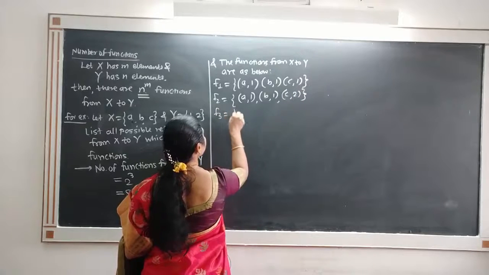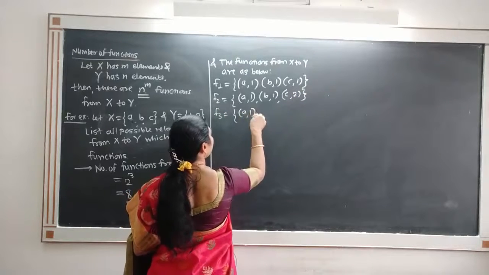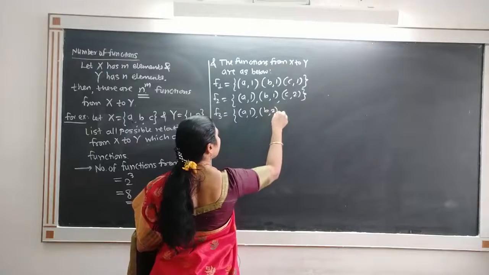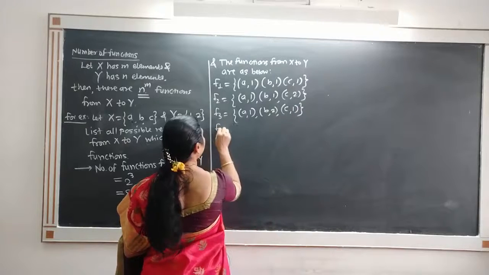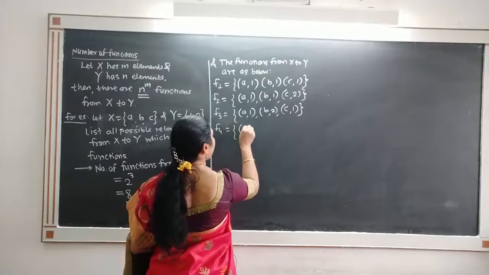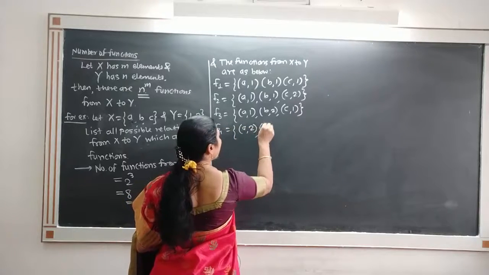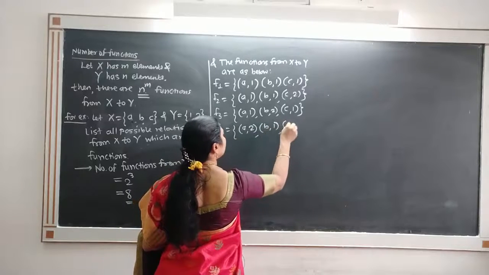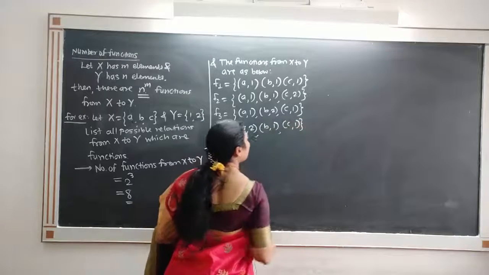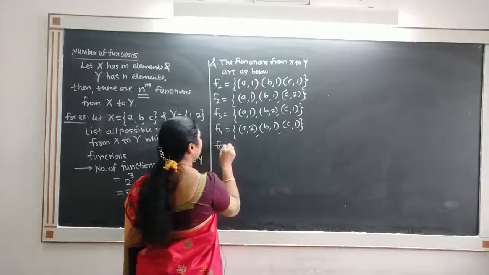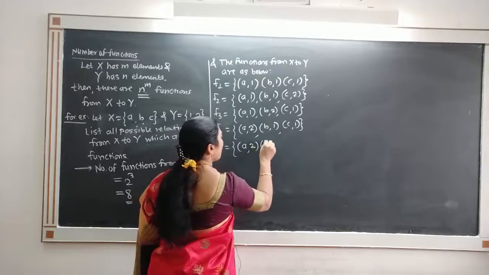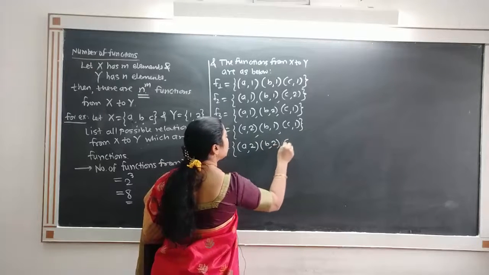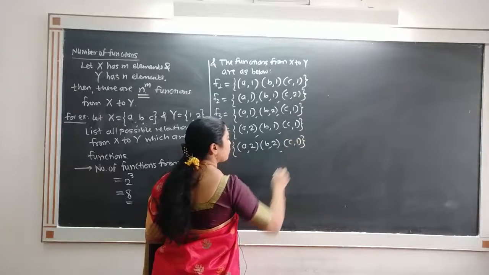Or a is related with 1, b is related with 2 and c is related with 1. Or a is related with 2, b is related with 1, c is related with 1. It may be a is related with 2, b is related with 2 and c is related with 1.